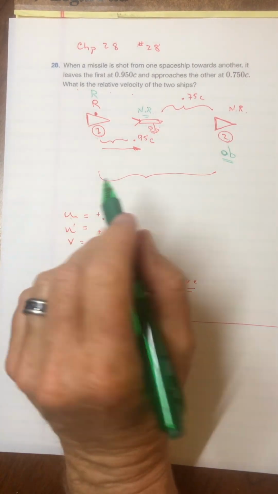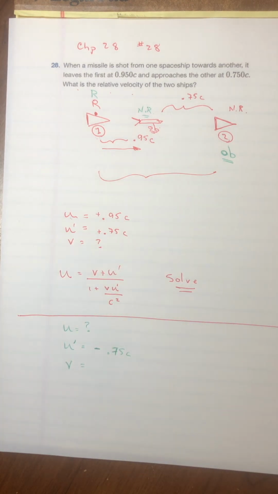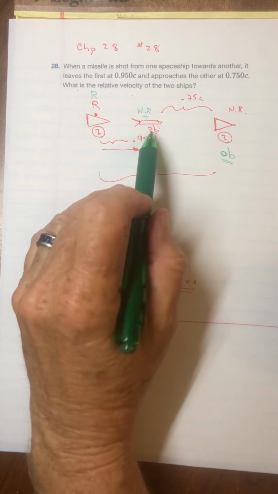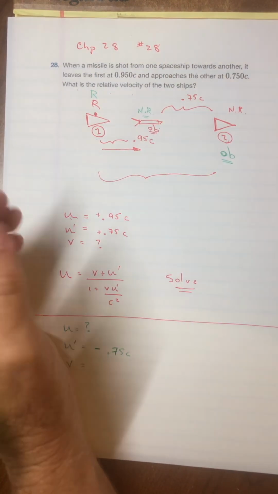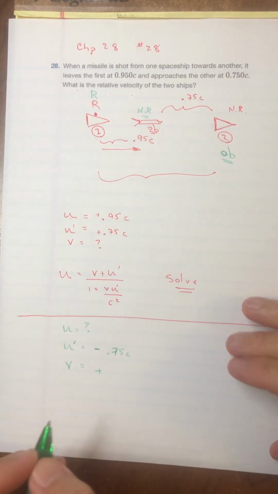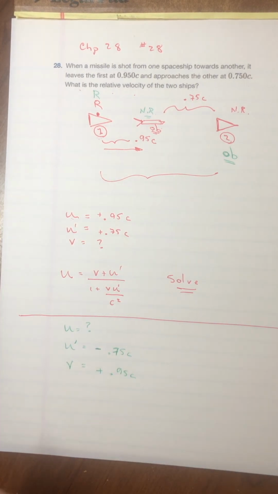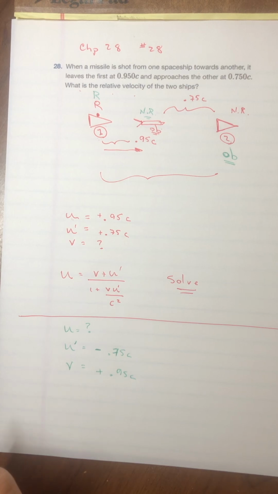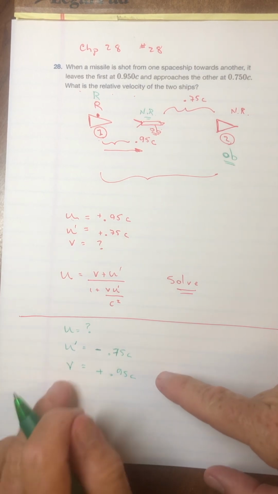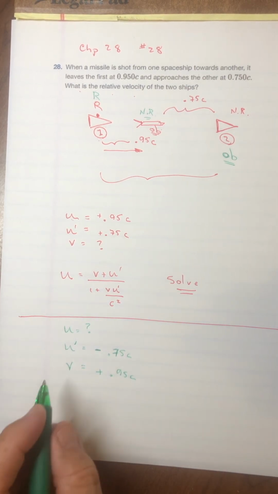And again, as seen by the reference one. And so this second observer is moving to the right, so plus, at 0.95 c. So based on that logic, my math becomes a lot simpler.